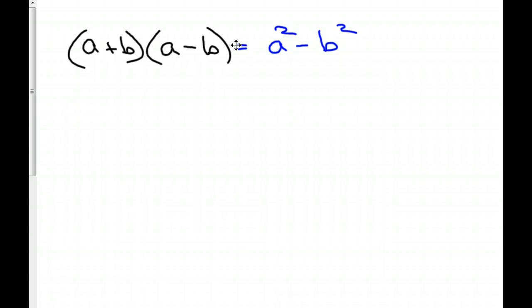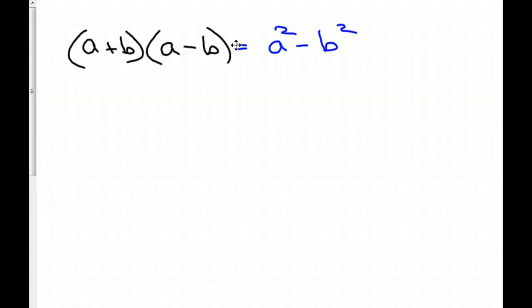The sign is just the opposite on the second one. One thing to remember, the first number never changes. The conjugate means the second number changes sign. Some of you made that mistake on the test where you changed the sign of everything instead of just the second one. All right, so that is a general rule that works all the time.